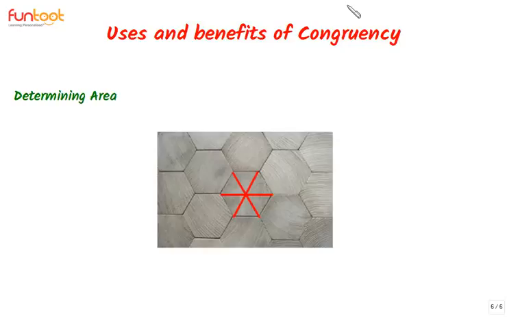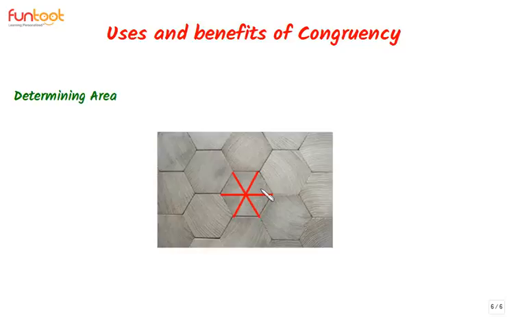We can use the concept of congruence for determining area also. So here we can see we have hexagonal tiles. How will we determine the area of each hexagonal tile? Well, here each hexagonal tile can be divided into 6 triangles, and by rules of congruence we can prove that all these 6 triangles are congruent to each other.